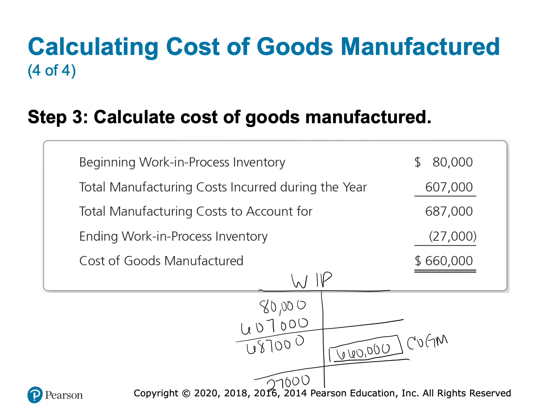This is the amount that gets transferred out of work in process and is going to go into finished goods. So I'm going to have a finished goods T account over here that I'm going to debit for $660,000. That is my cost of goods manufactured. It's the amount that I completed during the period and transferred out of work in process and into finished goods.